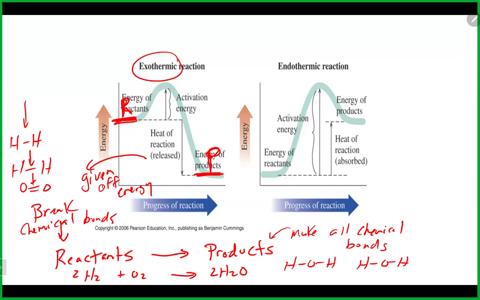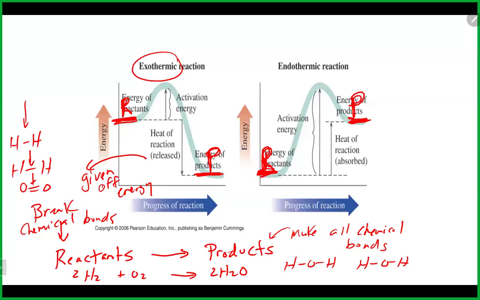And that's different from what we see when we look at the endothermic side. On the endothermic side, this is where our reactants are starting in terms of energy, and this is where our products are ending in terms of energy. The difference between where the reactants and the products end is actually higher in energy. So our starting guys are lower in energy, and we're ending in a higher state of energy.